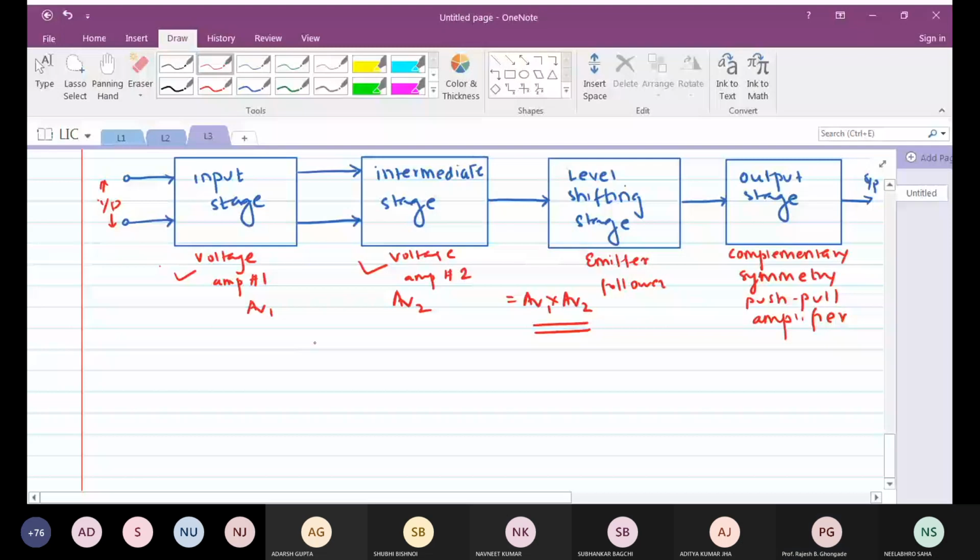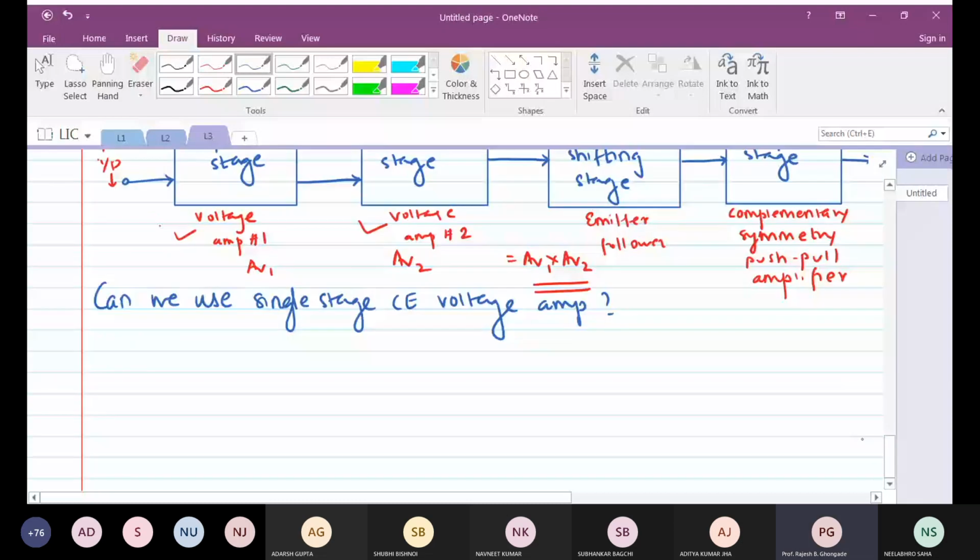So my question is, can we use a single stage common emitter voltage amplifier? Answer this question. Can I use this? Yes or no? Practically not, sir.